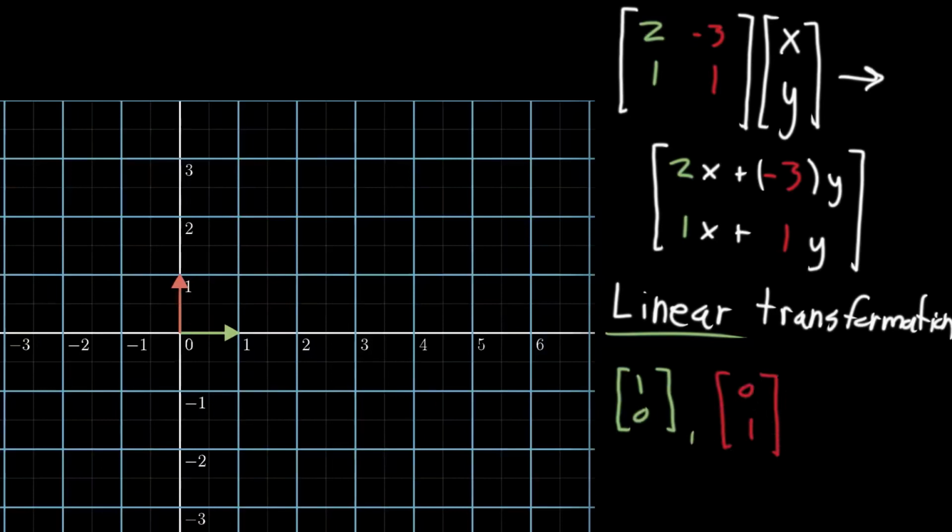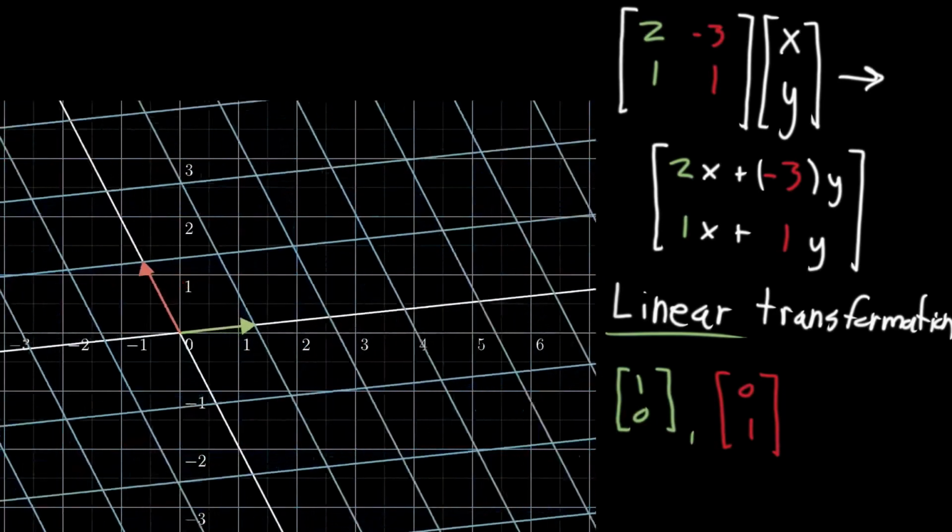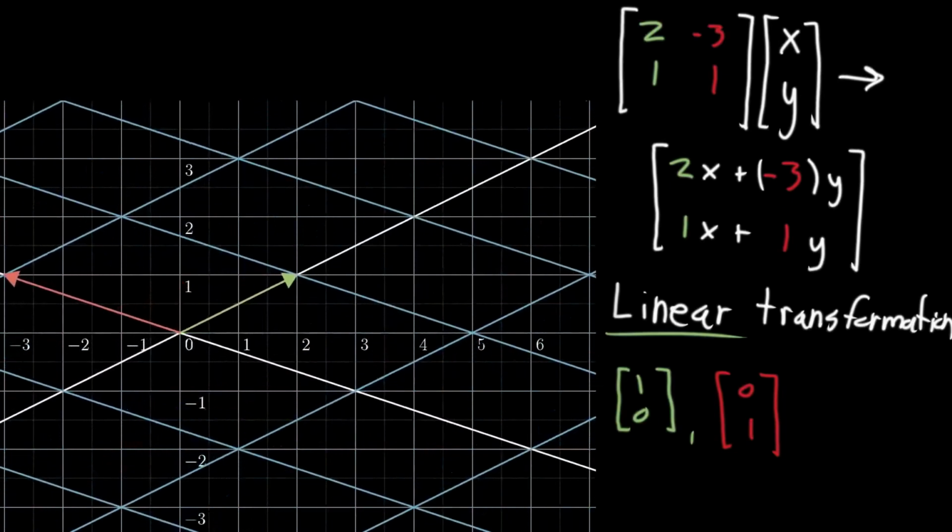If we notice where they land under this transformation, when the matrix is multiplied by every single vector in space, the place where the green vector lands, the one that started off as 1, 0, has coordinates 2, 1. And that corresponds very directly with the fact that the first column of our matrix is 2, 1. Similarly, the second vector, the one that started off at 0, 1, ends up at the coordinates -3, 1.